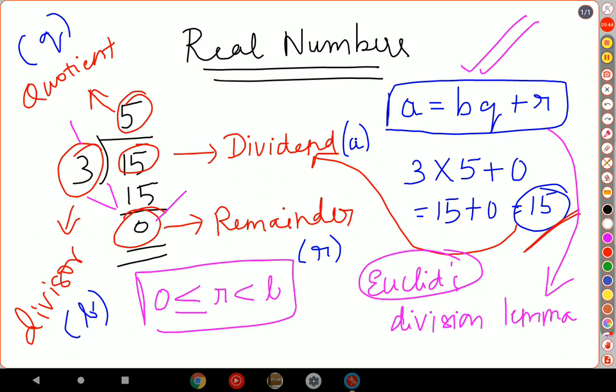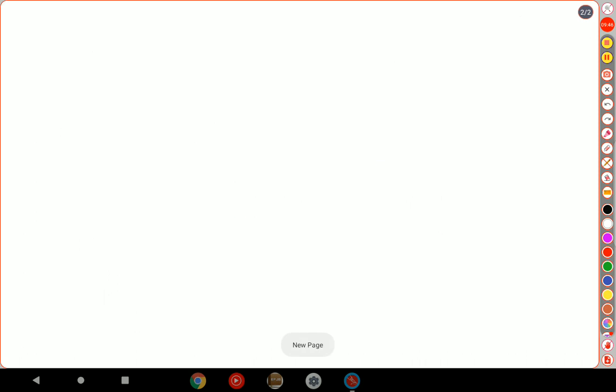Now, let us solve another problem, and that problem is 20 divided by 6. 6 threes are 18. I need not explain this, it is too simple. 6 threes are 18 and 2 is the remainder.